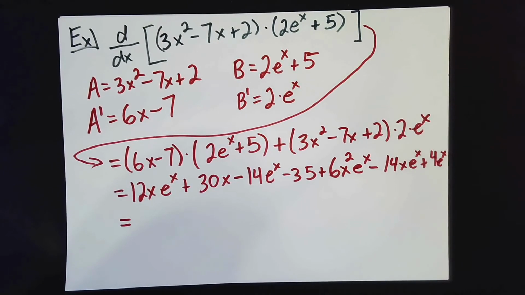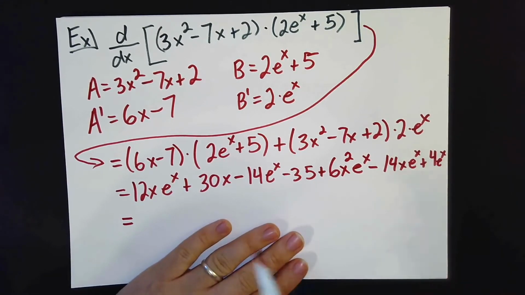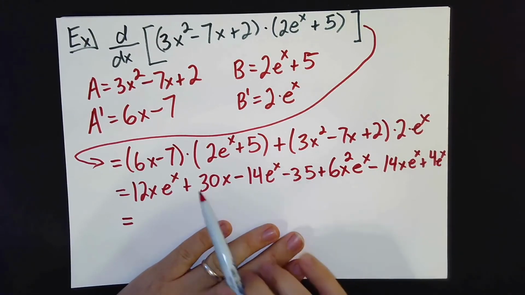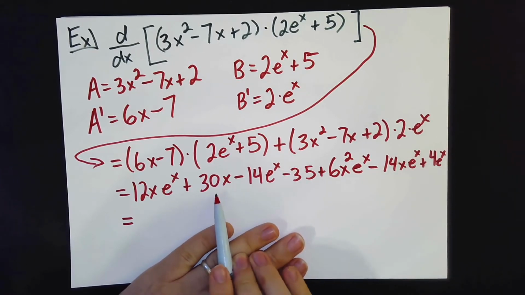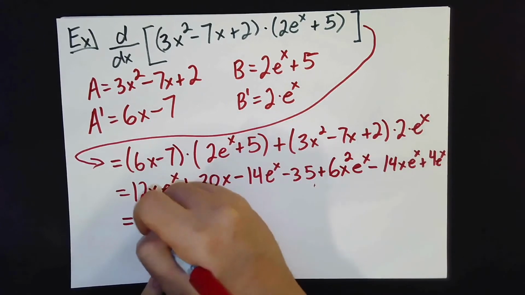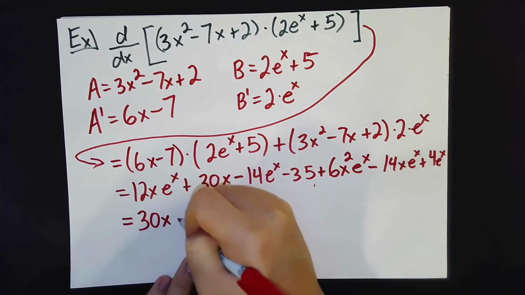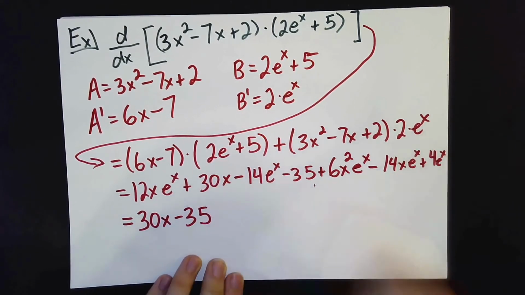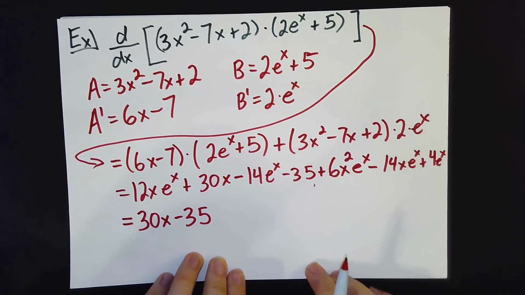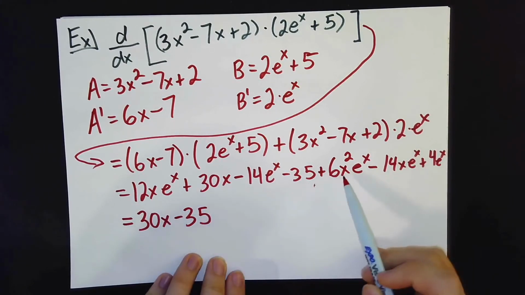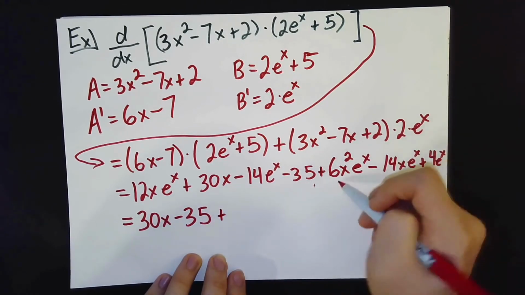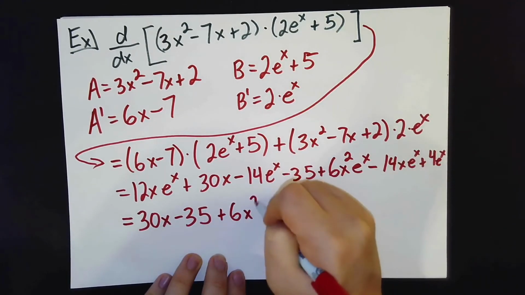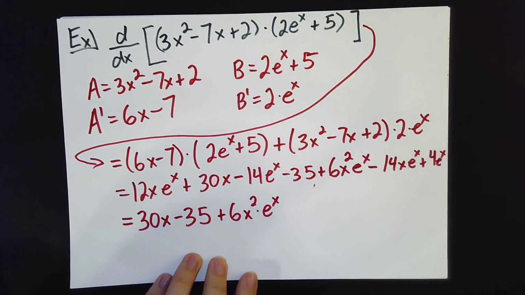So now let's collect everything. I'm first going to find all the terms without an e to the x in them. So I believe there are two, the 30x and the 35. So this will be 30x minus 35. And then I will go ahead and put together all of the terms with an e to the x. So plus 6x squared times e to the x.